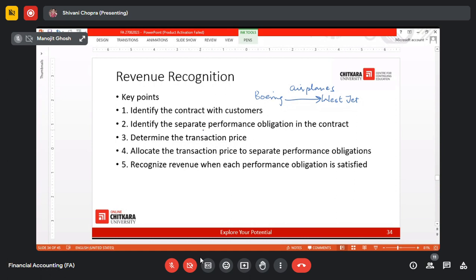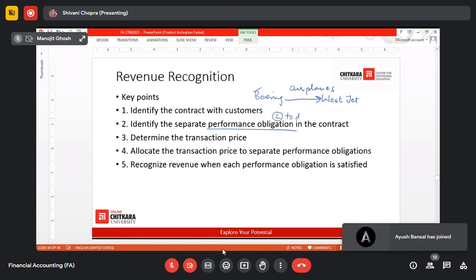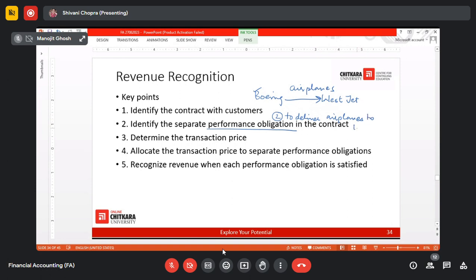Now we need to understand what is the separate performance obligation in the contract. What is that obligation that makes the contract to be completed from the perspective of who would be recognizing the revenue? Boeing will be the one who would be recognizing the revenue because he is the seller, right? So in this case, Boeing will have to do one thing, that is to deliver airplanes to WestJet.